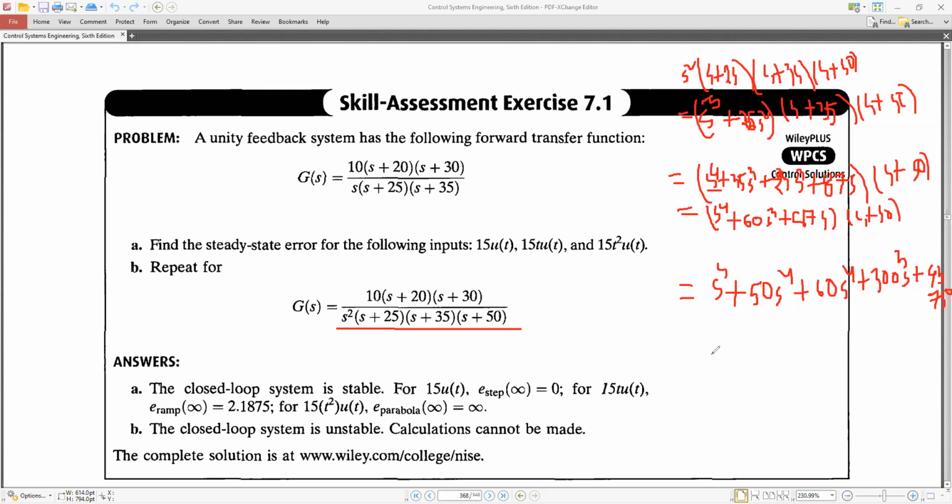Okay, like this. Then you do the root table, s^4, s^3 up to this. Then you check this one. Then you will find that it is not stable.